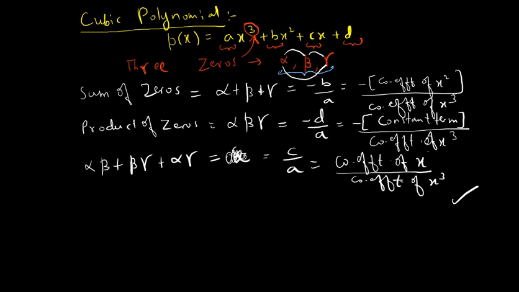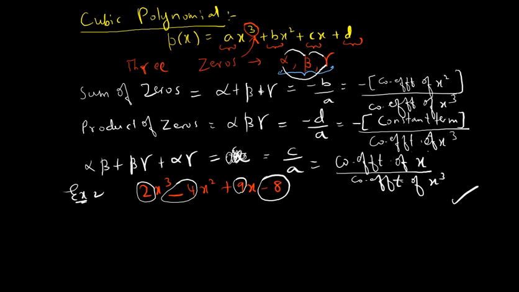If I take one example, say a cubic polynomial 2x cubed minus 4x squared plus 9x minus 8, then clearly here comes my a, which is 2, here comes my b, here comes my c and here comes my d.